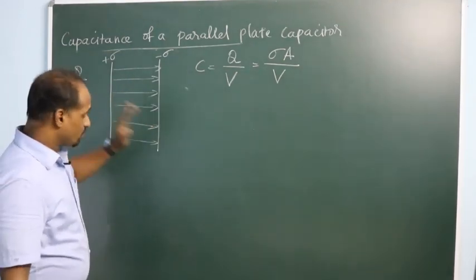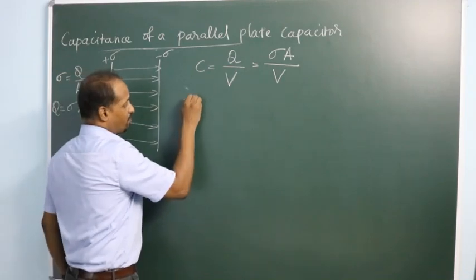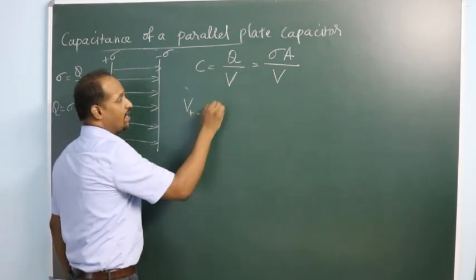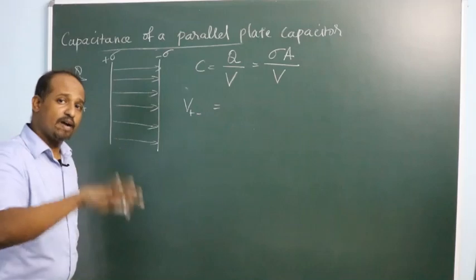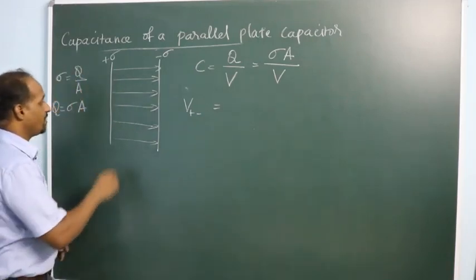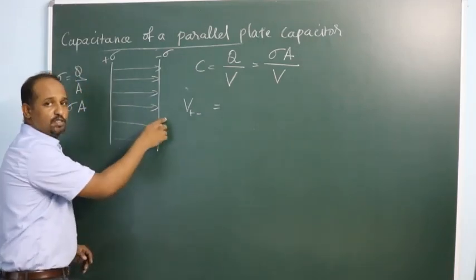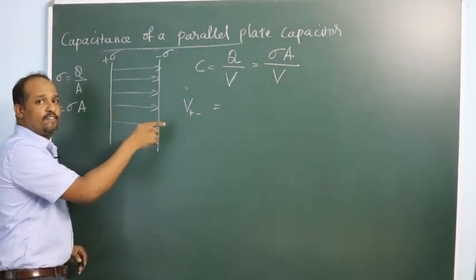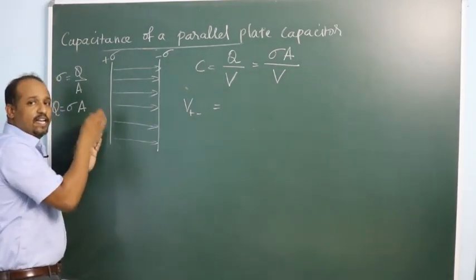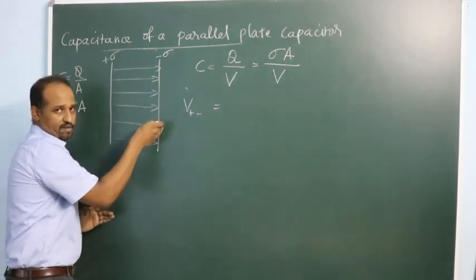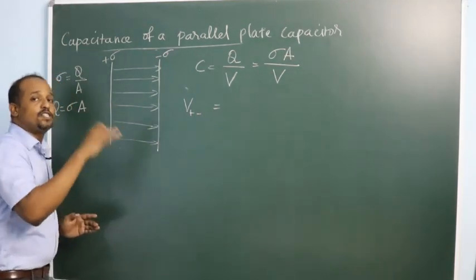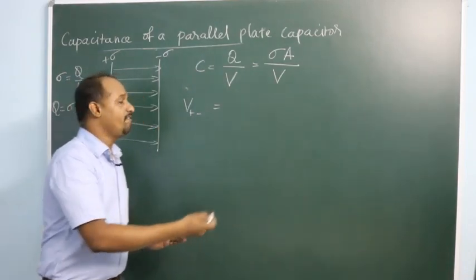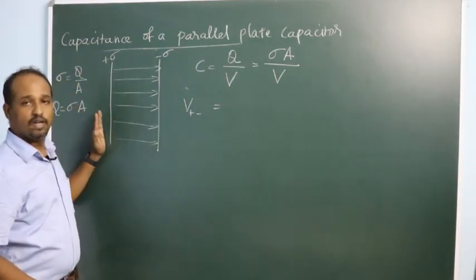If V is the potential difference between the positive plate and the negative plate, then the potential difference between 2 points, by definition, is the work done by the electric field from this point to this point, because this is at higher potential and this is at lower potential. But if you assume it is the work done by the external field, then it should be from here to here.